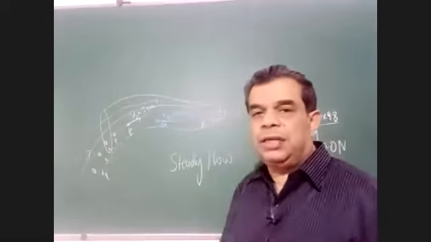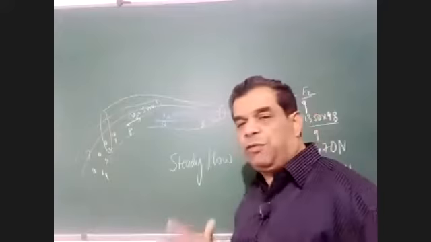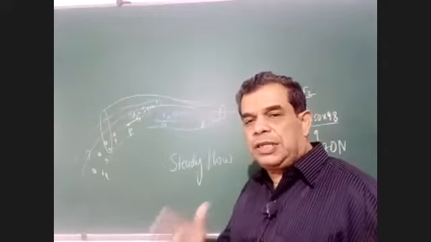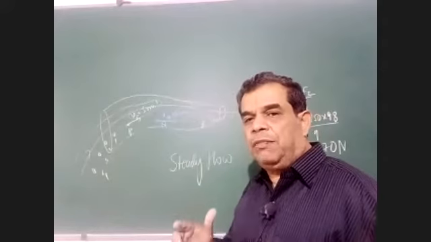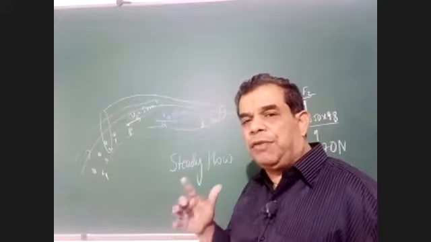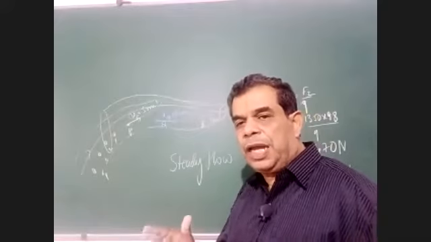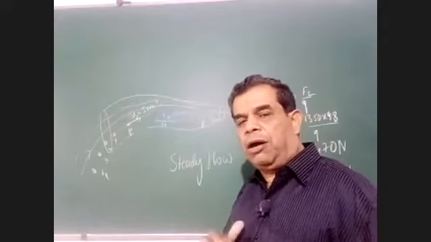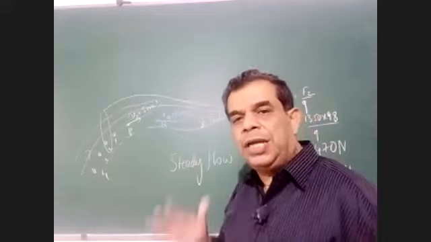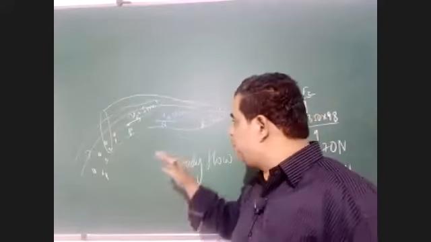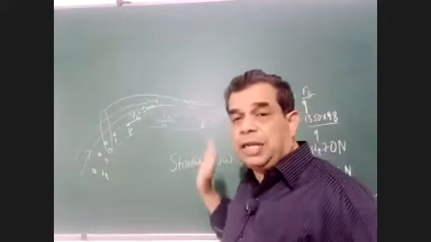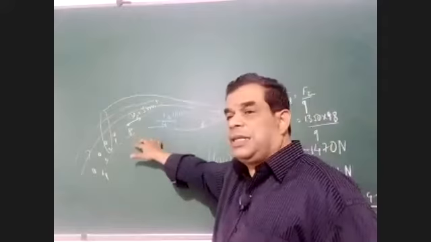So again, just we repeat, steady flow means it is a flow in which the particles passing through a given point in the fluid have the same velocity at that point. All the particles which pass through that point have the same velocity. That point may be anywhere in the flow, not only a particular one.